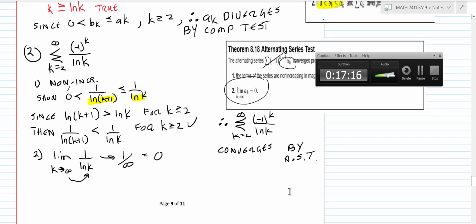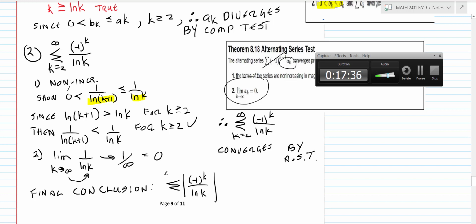Okay, so now we're ready to draw the final conclusion. I'm going to state it like this. Basically, I'm just going to write the absolute value, negative 1 to the k, over ln k.